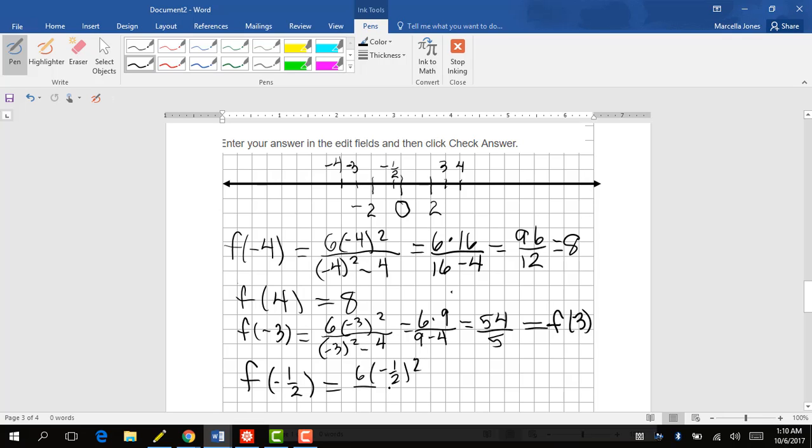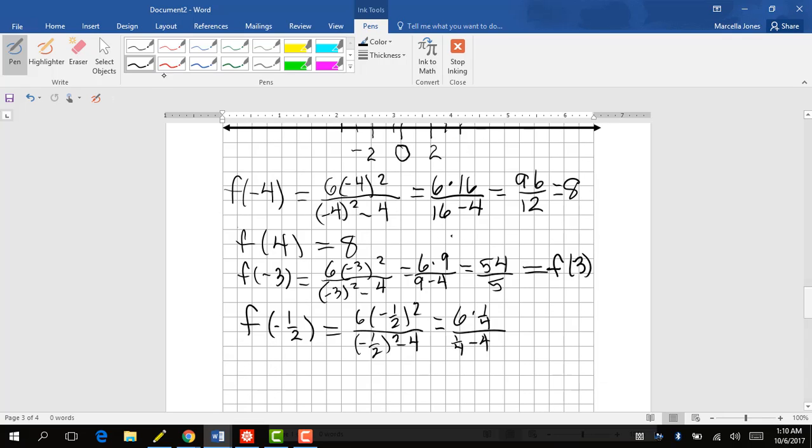And I replace each x with -1/2. All right, and in order to do this, in the numerator, 6 times 1/4 is the same as 6 over 1 times 1 over 4.